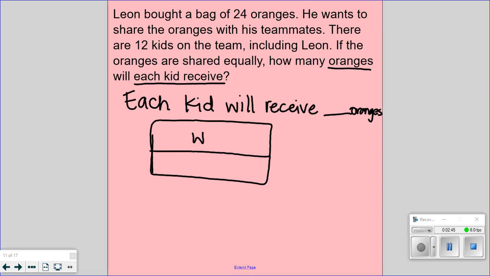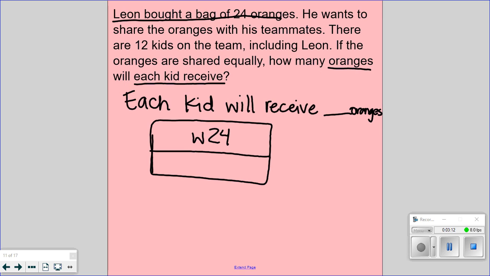Does it tell me how many oranges he has? Yes, it does. How many oranges does Leon have? That came straight from the problem. Bryson? He has 24. It told us in that first sentence. He has a bag of 24 oranges. So I know that my whole is 24.